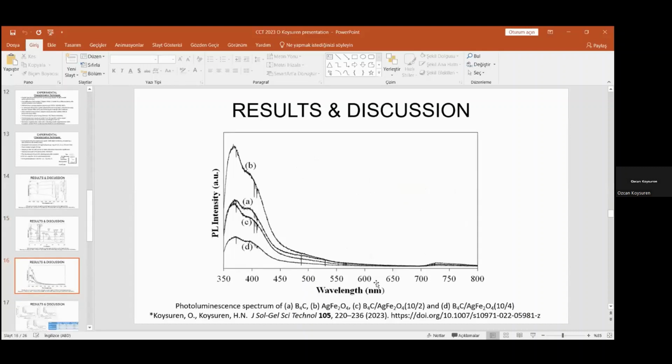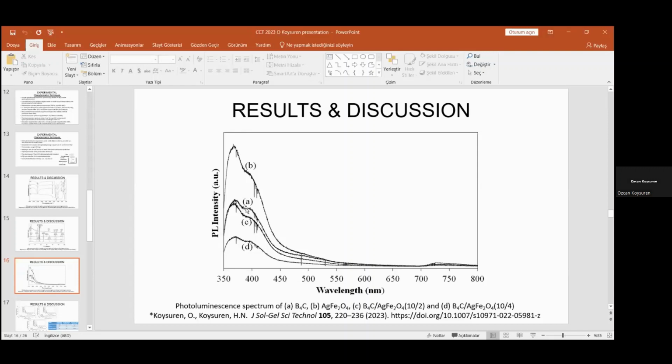Here you will see the photoluminescence spectrum. Why have we performed this analysis? We utilize this graph to comment on the recombination rate of excited charge carriers. If there is a decrease in the peak intensity, then we can say that there is a decrease in the recombination rate.